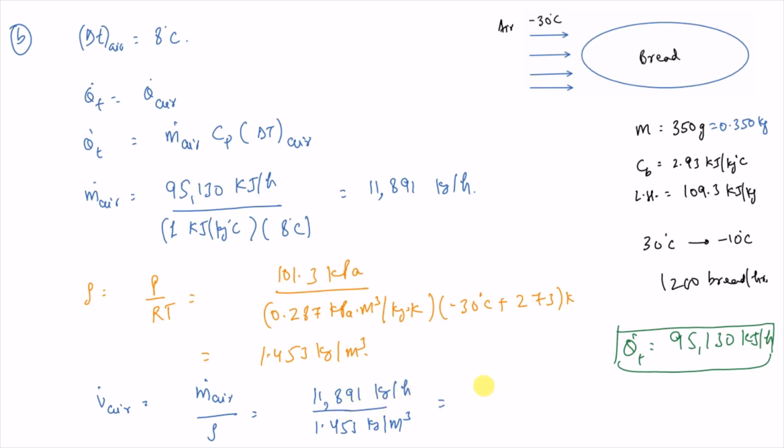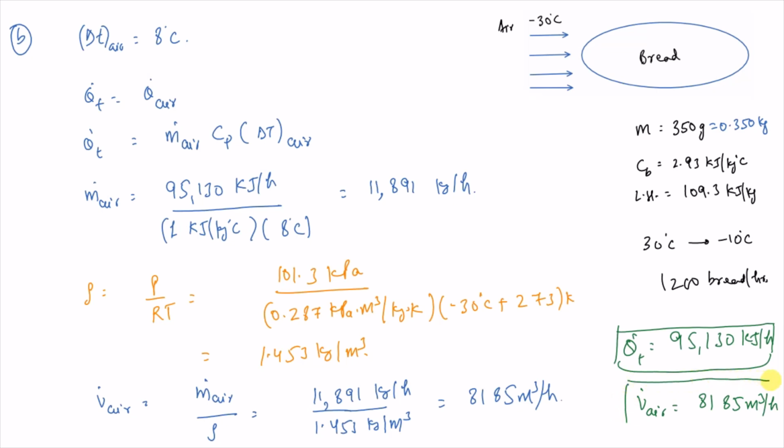So from here we'll get the volume flow rate of air as 8,185 meter cube per hour. So in the end we can conclude that the volume flow rate of air will be equal to 8,185 meter cube per hour.